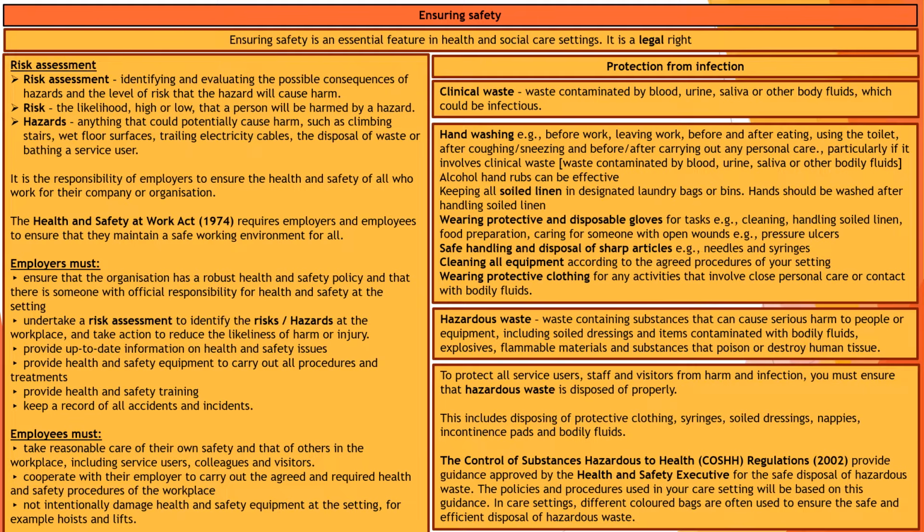So again, in the case of hazardous waste, these will need to be disposed of properly, and this could be in the same way as clinical waste, where biological matter is put into yellow bags and incinerated. Soiled laundry will be put into red bags, which are then washed at incredibly high temperatures to kill any bacteria. Blue bags might be for medical equipment that needs to be sterilized and repackaged for further use.